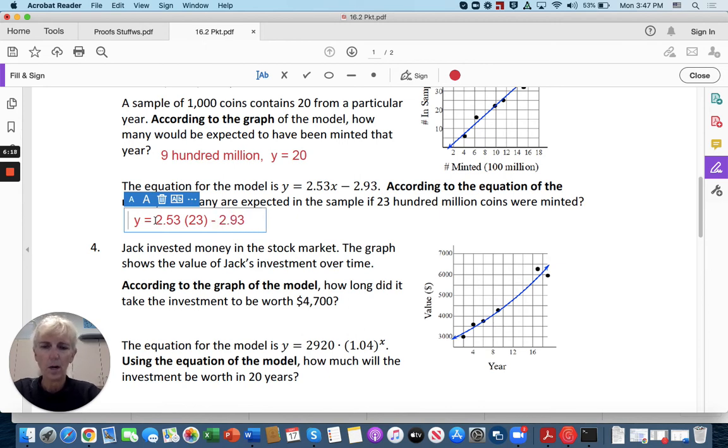Then y equals, and I put it in my handy dandy calculator, again 2.953 times 23 equals 58.19. And I still subtract 2.93. So y equals 55.26. And that would be how many were expected in the sample.